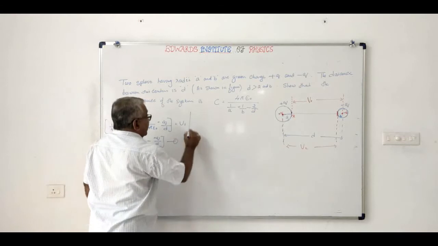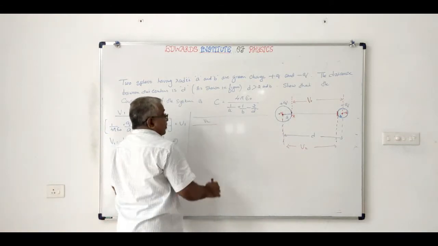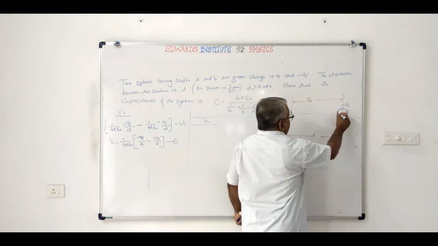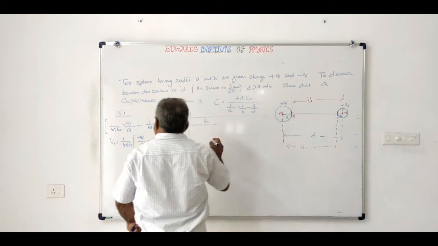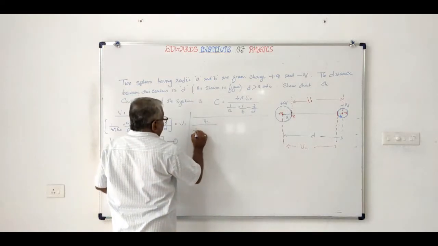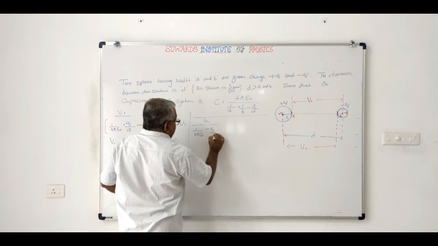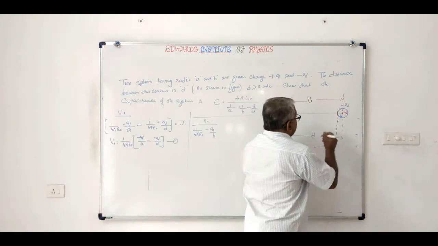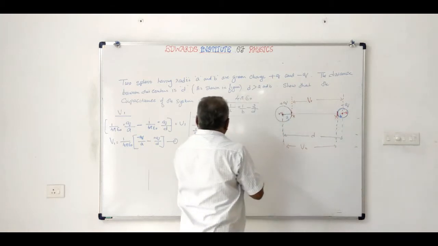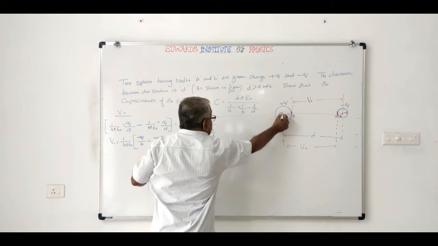Now what will be V2? V2 will be the potential at this point minus the potential at that point. That will be 1 by 4 pi epsilon 0 times minus q by b. That is the potential at this point, imagine that is y. Now what will be the potential at this other point?